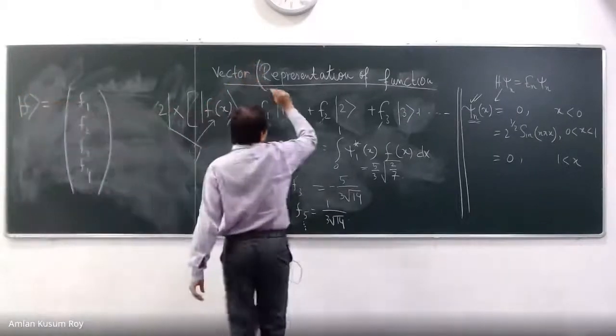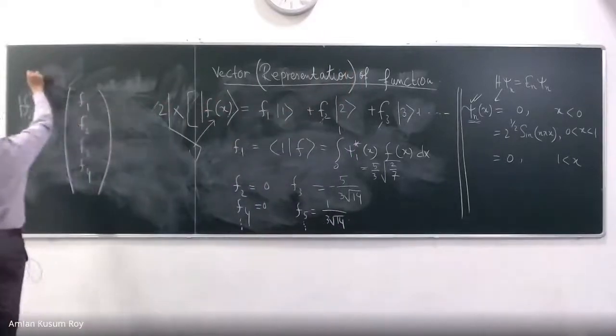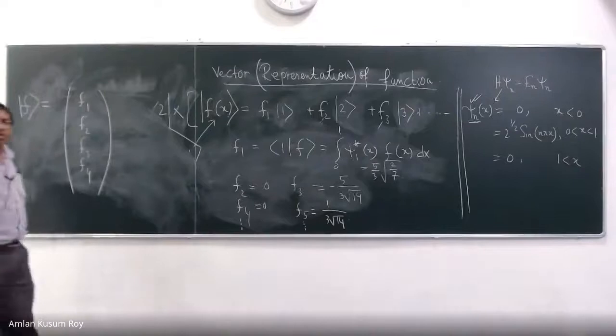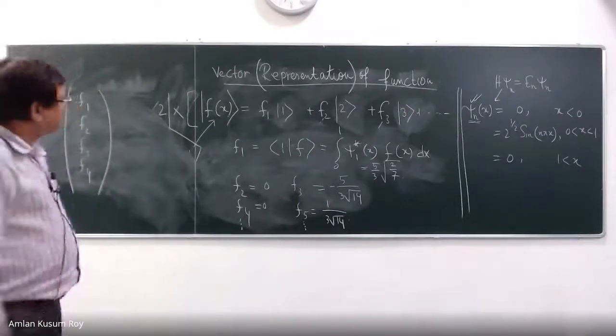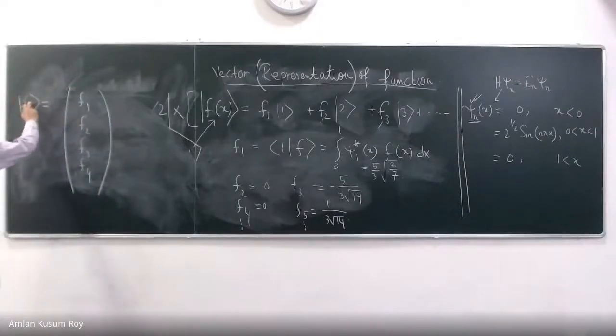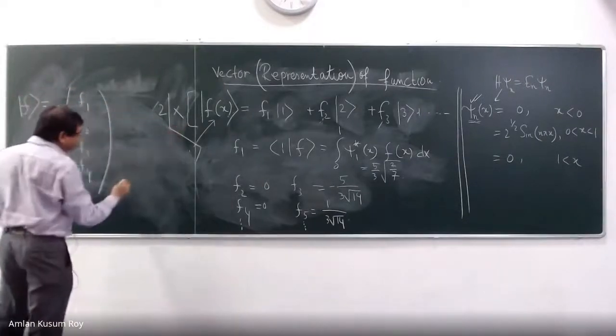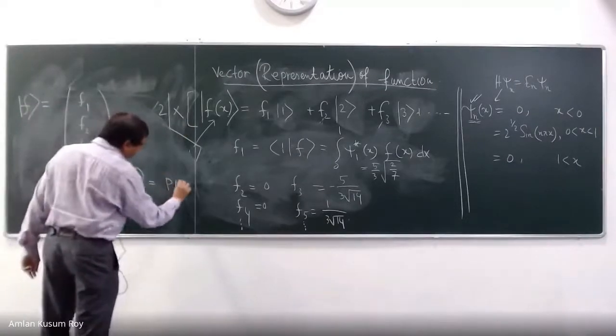Representation is a very important word in science. We are going to see it many times. In your symmetry course, you must be hearing a lot about this representation. So this is what we call the representation of this function in the basis B, where B is the particle in a box basis.